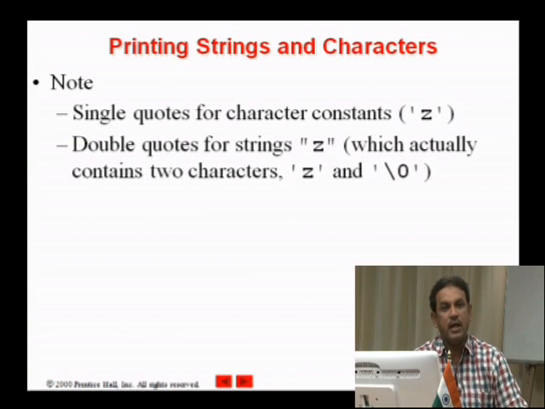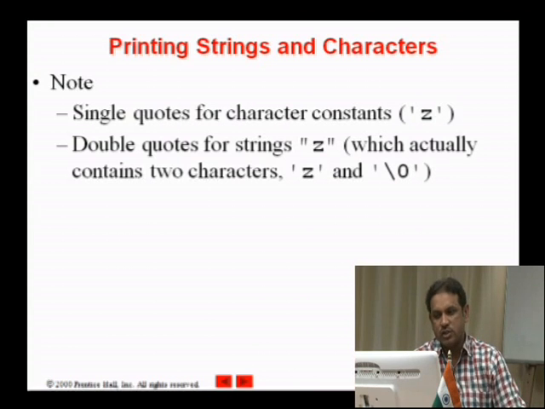For example, even a single character z enclosed in double quotes will be treated as a string, not as a character. Government, Polytechnic, any string we want to display should be enclosed within double quotes. Double quotes for strings, single quotes for characters.